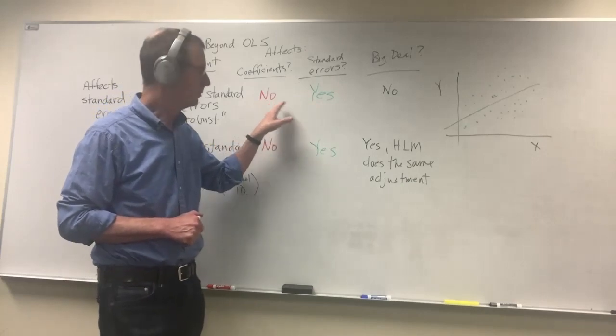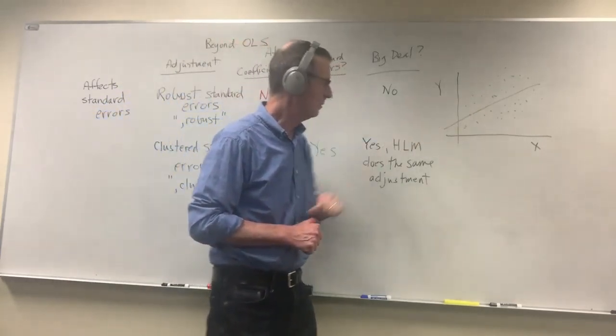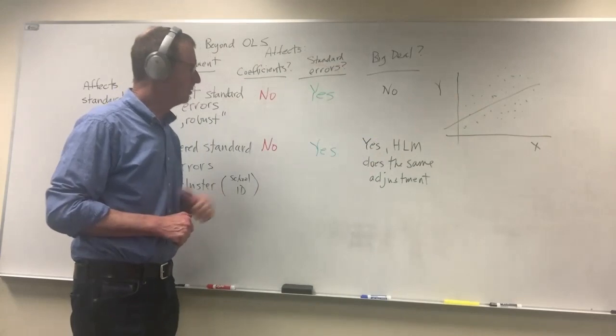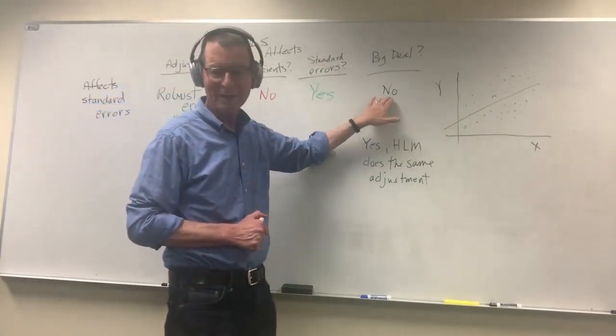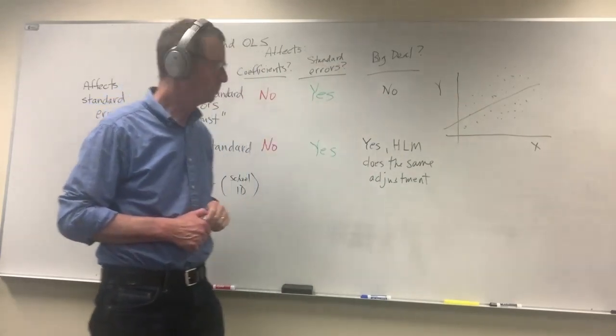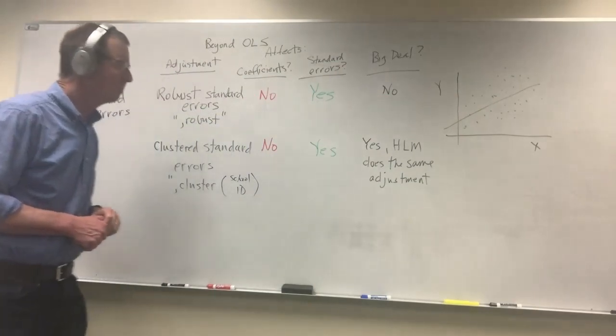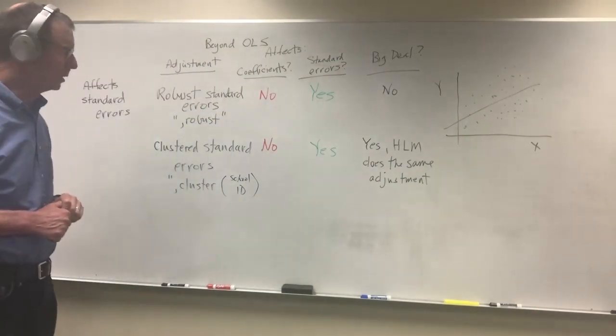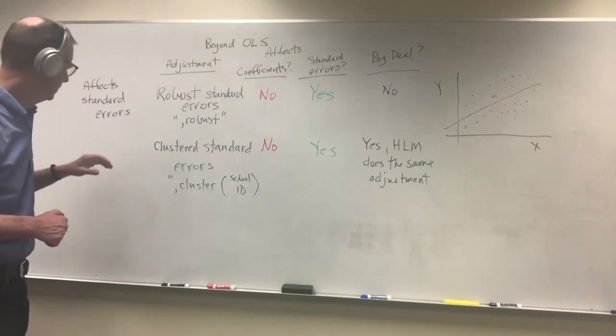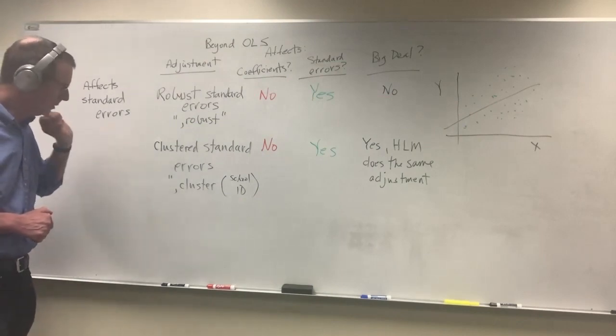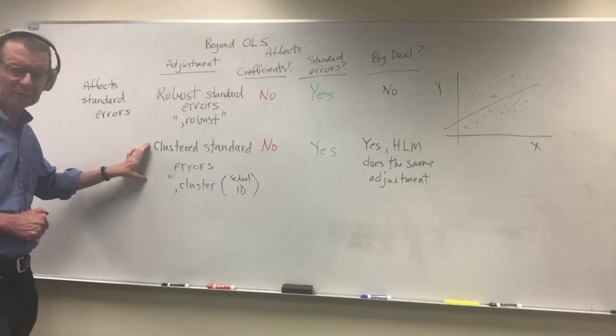Doesn't affect the coefficients, right? The slope of this line isn't affected. Is it a big deal? Not really. The adjustments are pretty small. More important is addressing the problem of clustered standard errors, right?